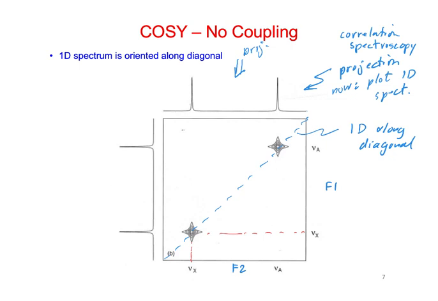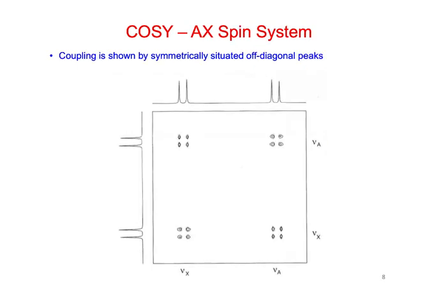So we're going to have a lot more resolution in our one-dimensional spectrum than in our two-dimensional spectrum. So it doesn't really matter if they're just a couple of singlets like this. It doesn't really help us if we just have single peaks like this. Where it helps is when we start to have coupling.